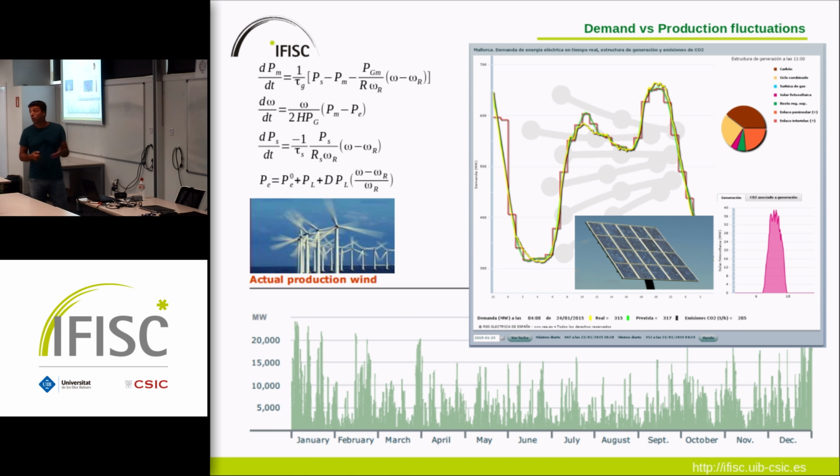What happens if you go to renewable resources? This here is the actual production of a wind power plant. You see this fluctuates hugely from day to day, even from hour to hour or minute to minute. The renewables, the sun and the wind, fluctuate a lot. So in addition to the fluctuations of the users, we now also have huge fluctuations on the production side if we want to integrate large amounts of renewables in the system.